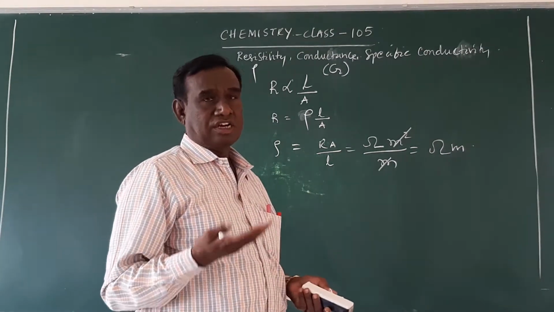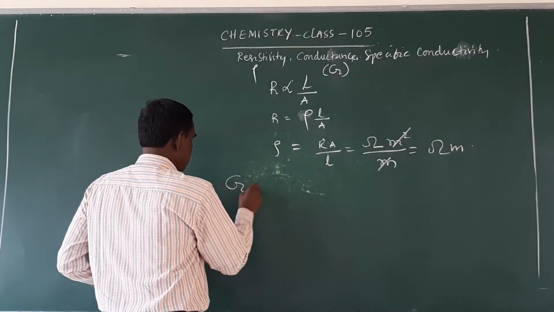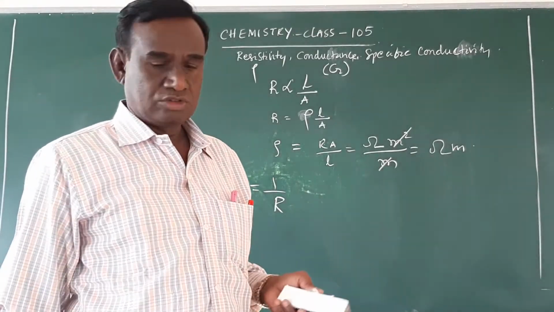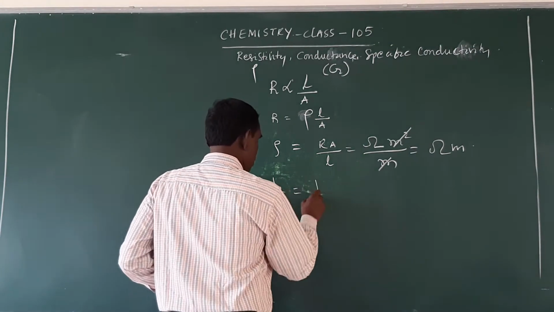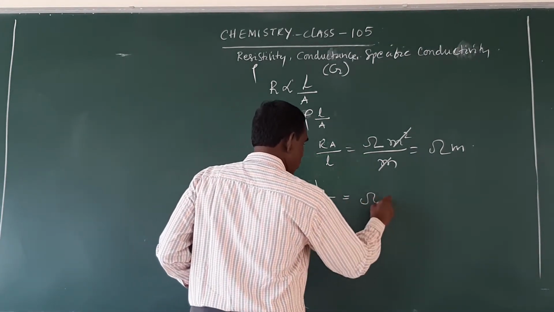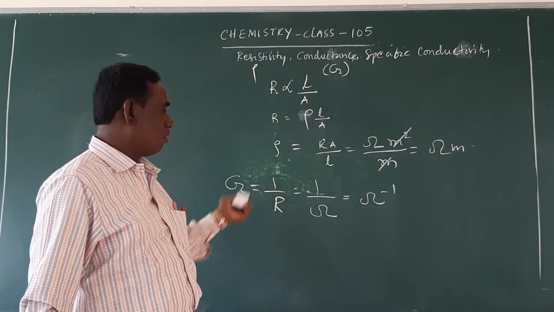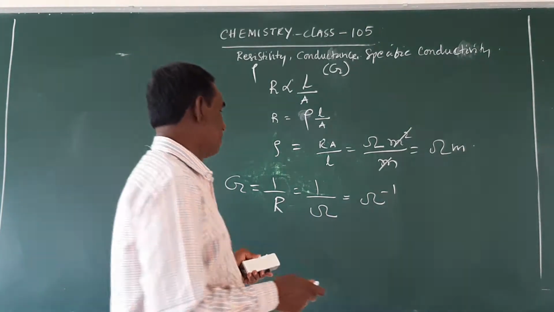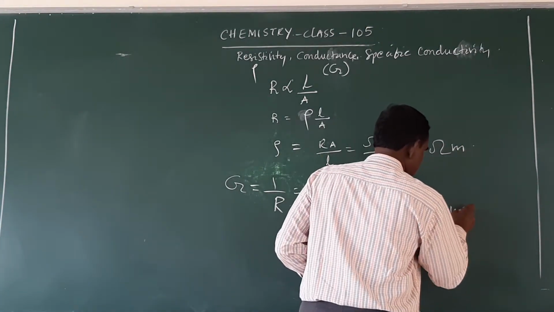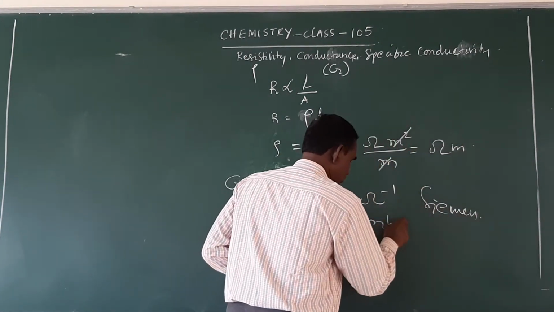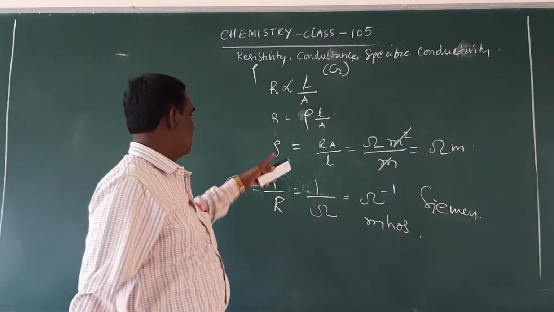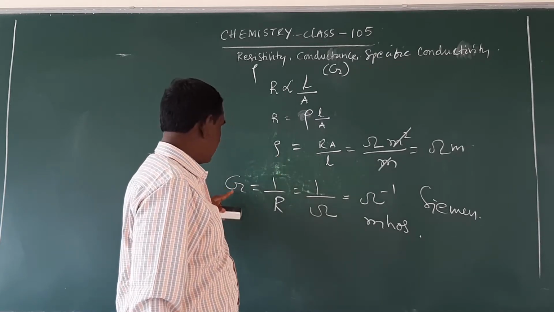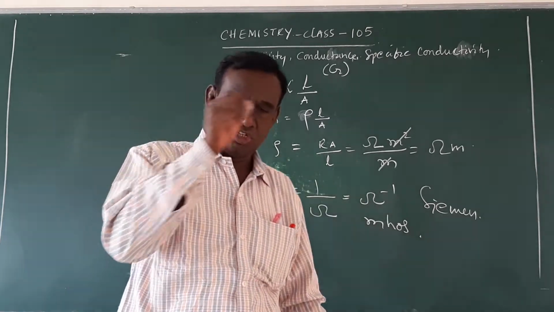This conductance G is inversely proportional to the resistance, so G is equal to 1 by R. That will be 1 by ohm, which means ohm minus 1. That is mho, which is also written as Siemens. So this is the resistivity of the material, and this is the conductance, G.